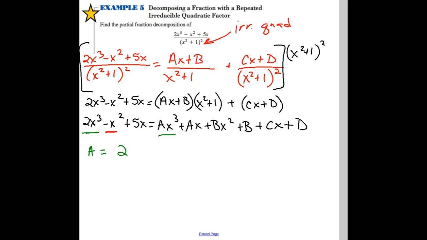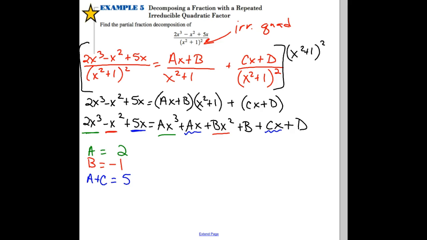My x squareds, all I have is a b over on the other side. So that tells me that b has to be -1. How about my x's? I have 5 here, and I have a and c on that side. So that tells me a plus c has to equal 5.